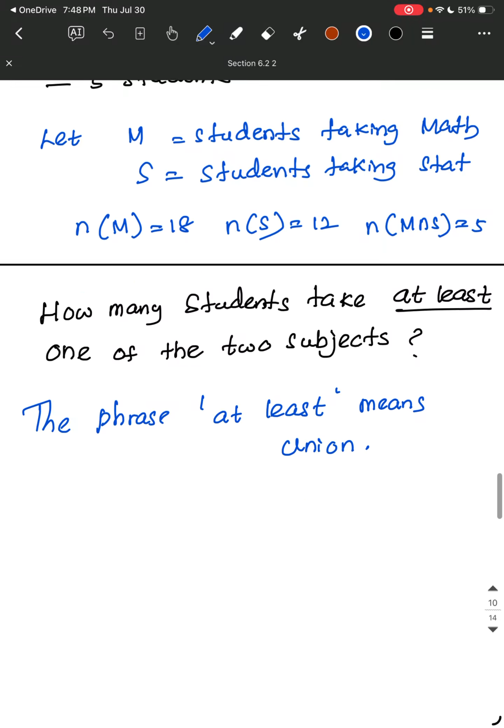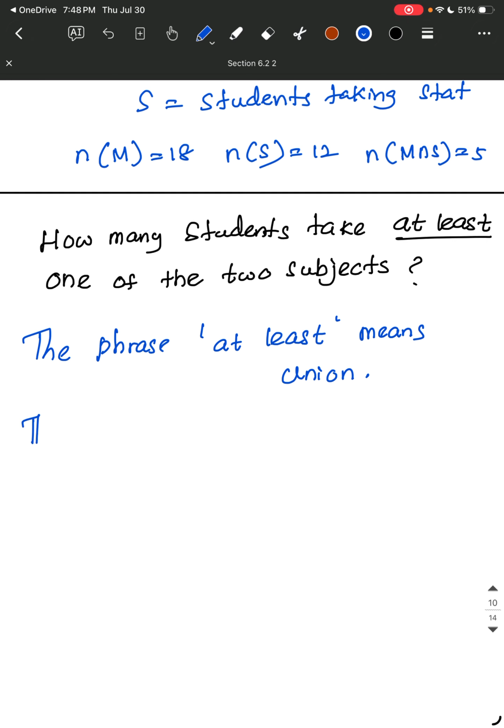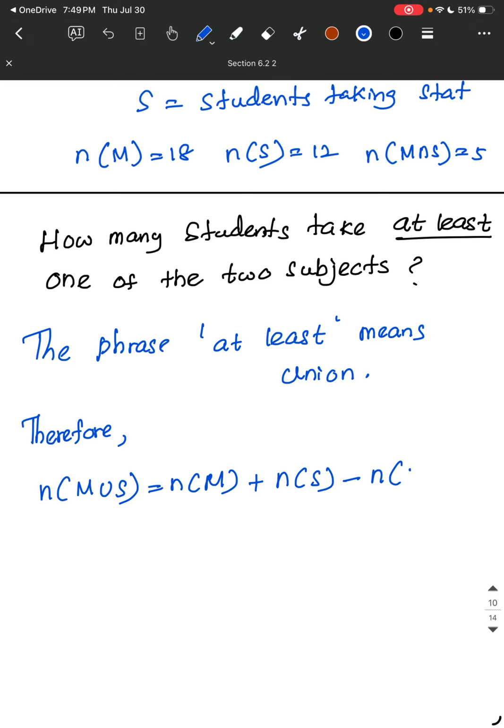Therefore, the number of students who take math or stat, the union, is the number of students in math plus the number of students in stat minus the intersection. So let's substitute the values. 18 plus 12 minus 5, 25.